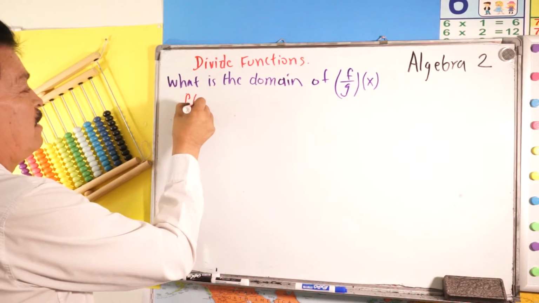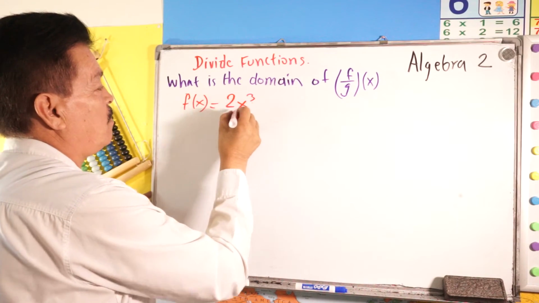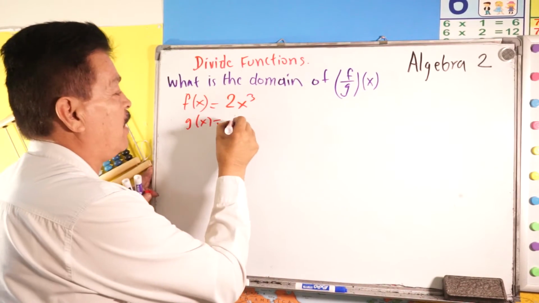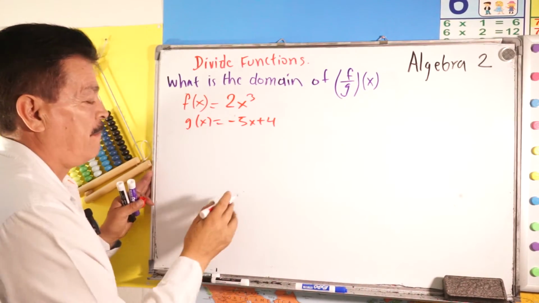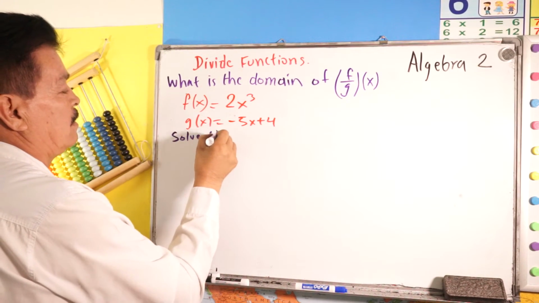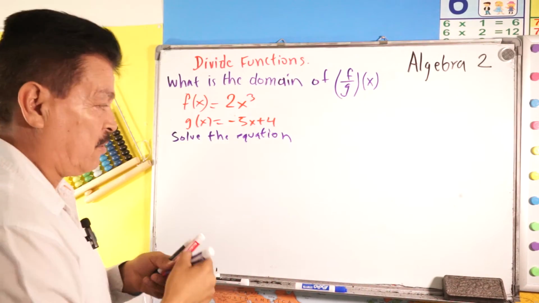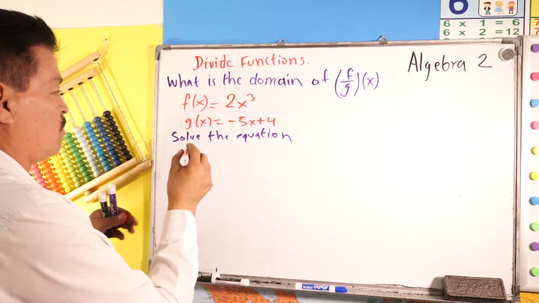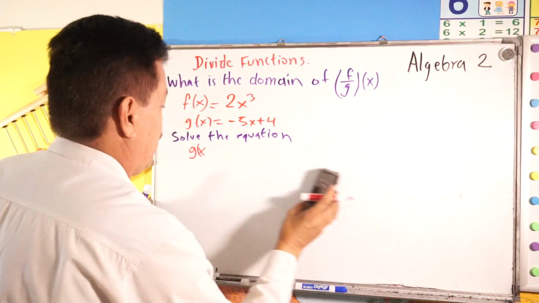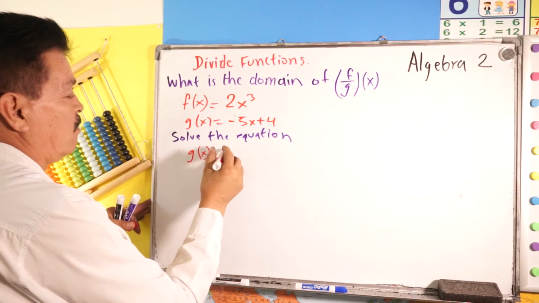Don't worry. f(x) equals 2x to the third power, and g(x) equals negative 5x plus 4. Solve the problem. First step, write g(x) equals 0.